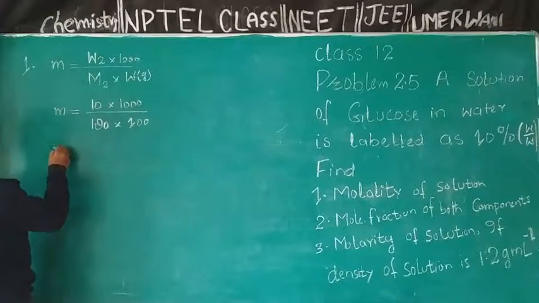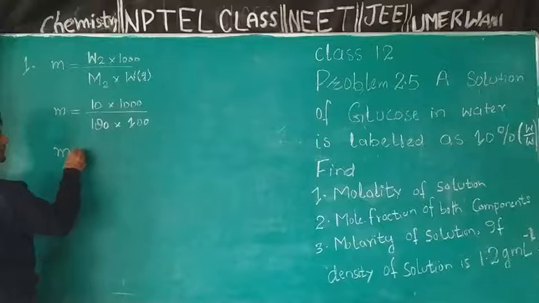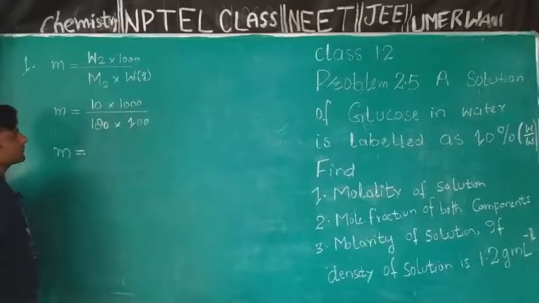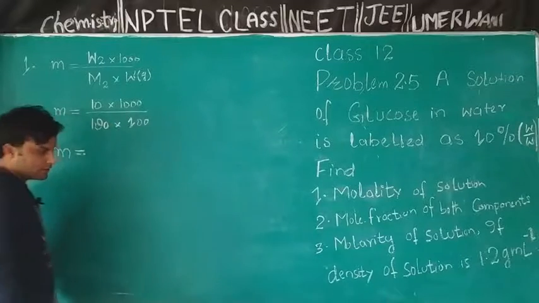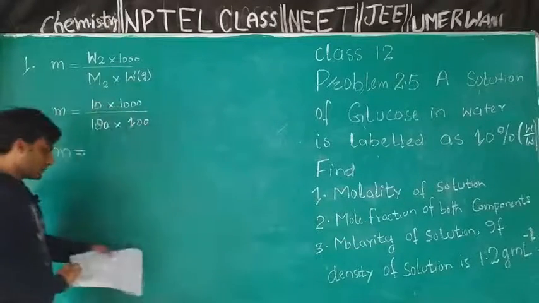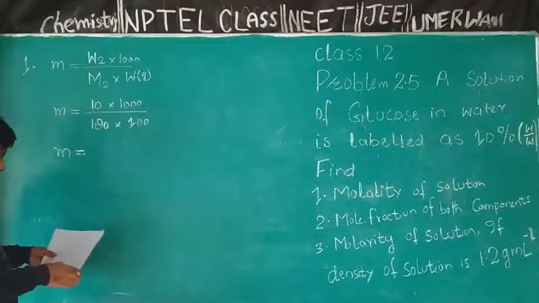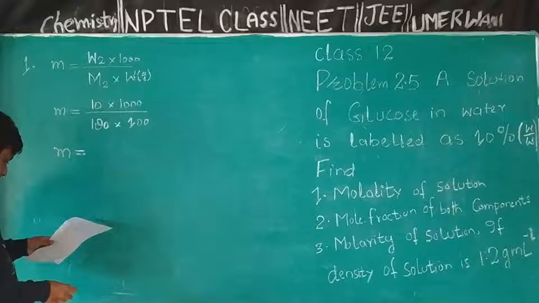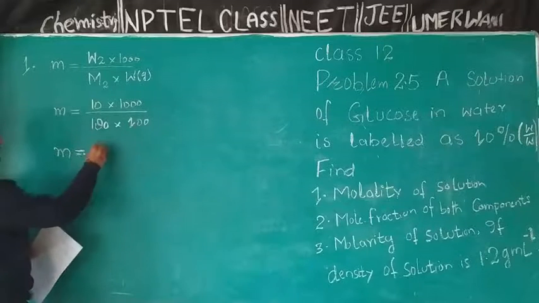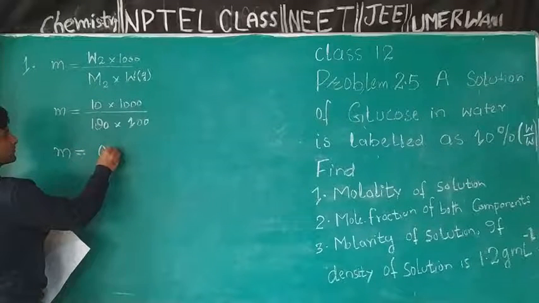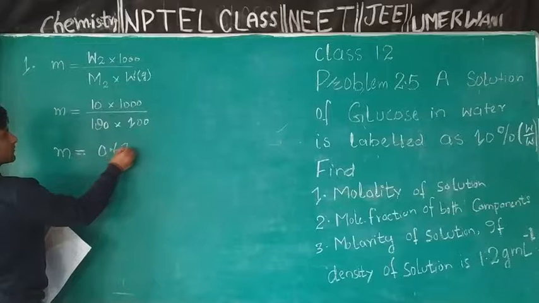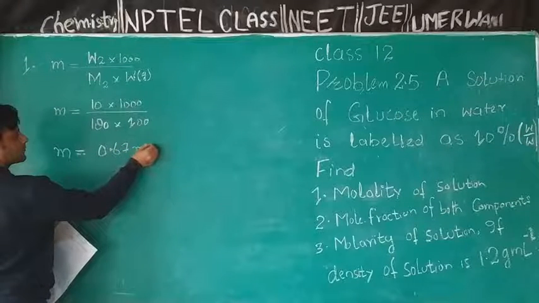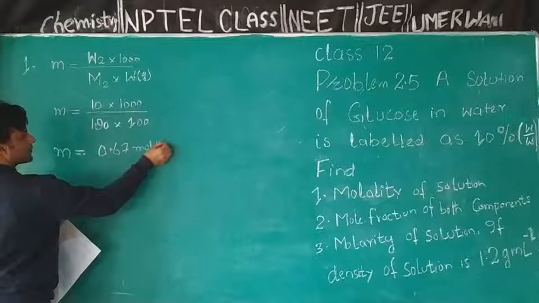Now the molality of solution comes equal to, we need to solve the RHS of this equation, and the exact value of molality comes equal to 0.67 moles per kg of solvent.